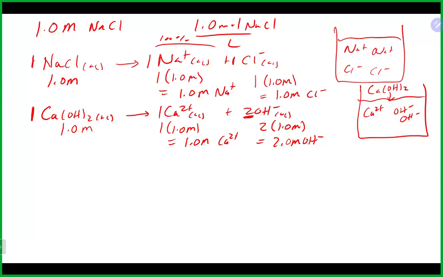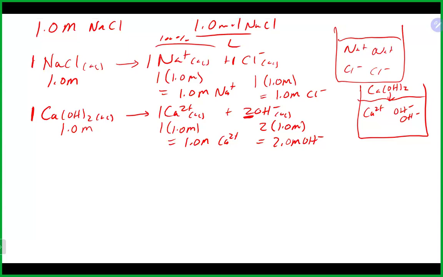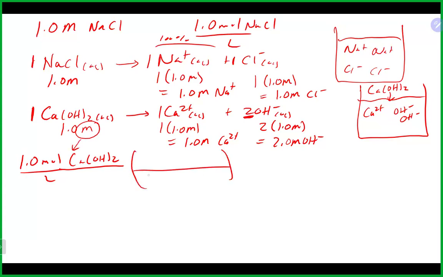Why is it that? That is the shortcut calculation for the long version of it, which is if you took our 1 mole per liter of calcium hydroxide, which is what 1 molar stands for, and you do your mole to mole relationship. 1 mole of calcium hydroxide gives me 2 moles of hydroxide.